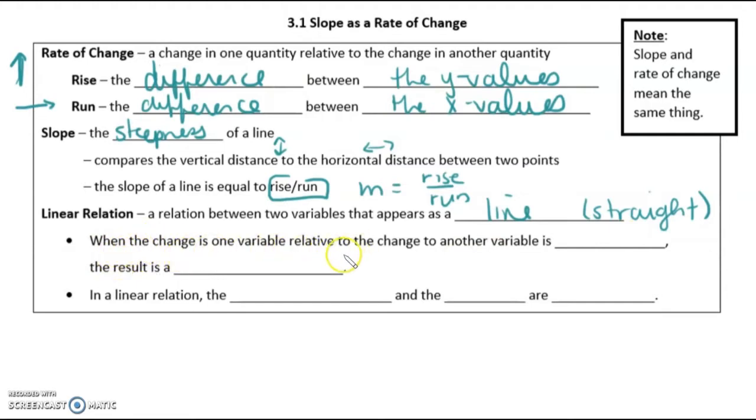When the change in one variable relative to the change in another variable is constant, the result is a line. And in a linear relation, the rate of change and the slope are the same.